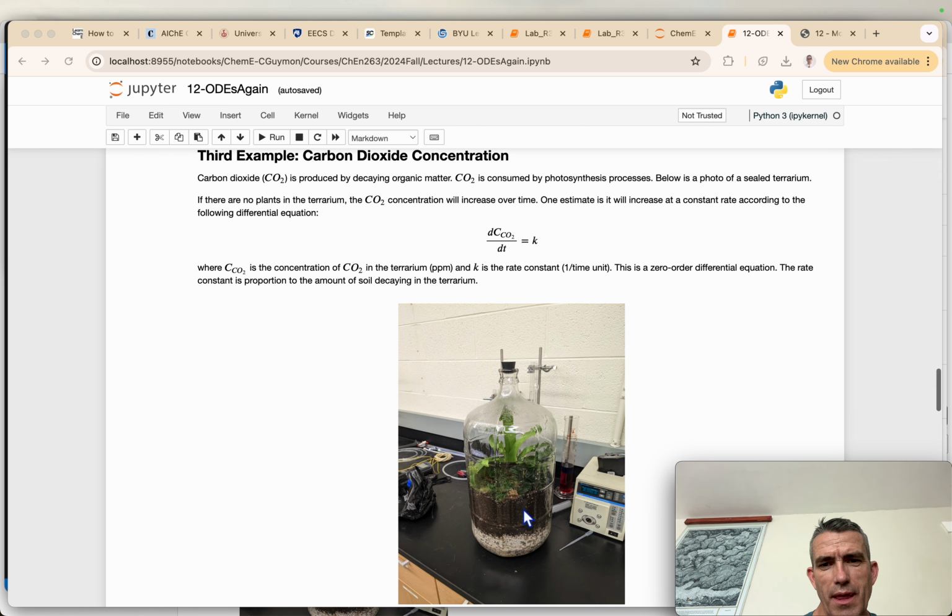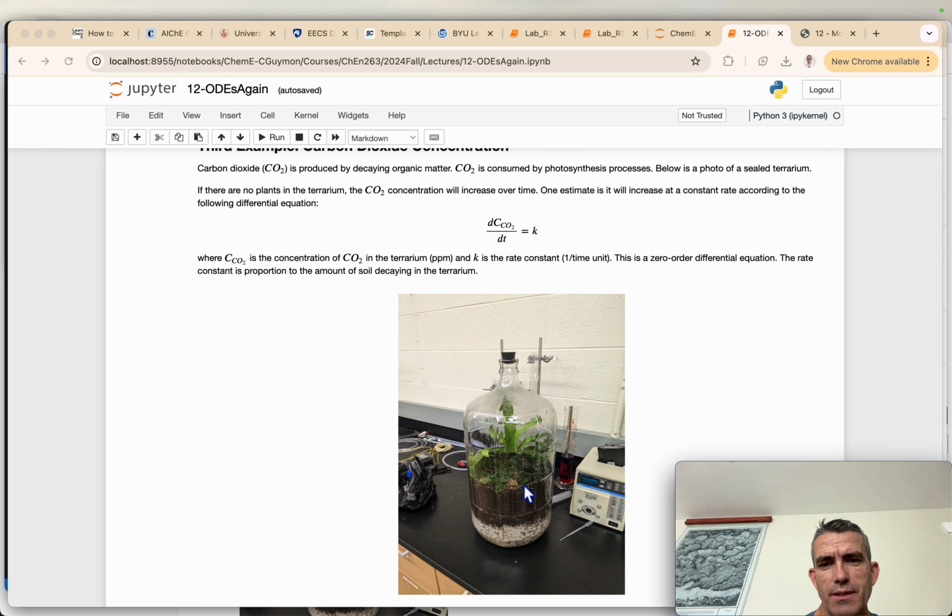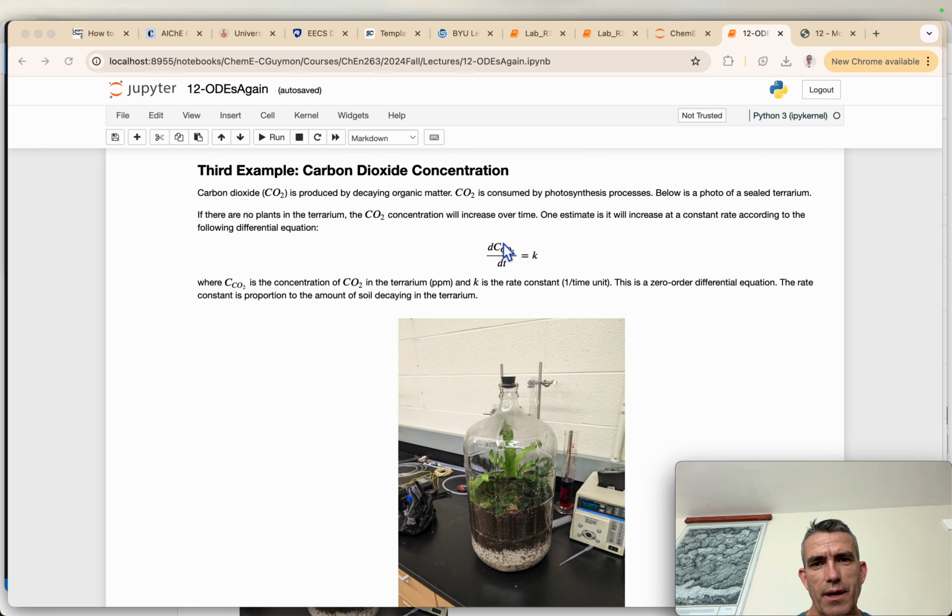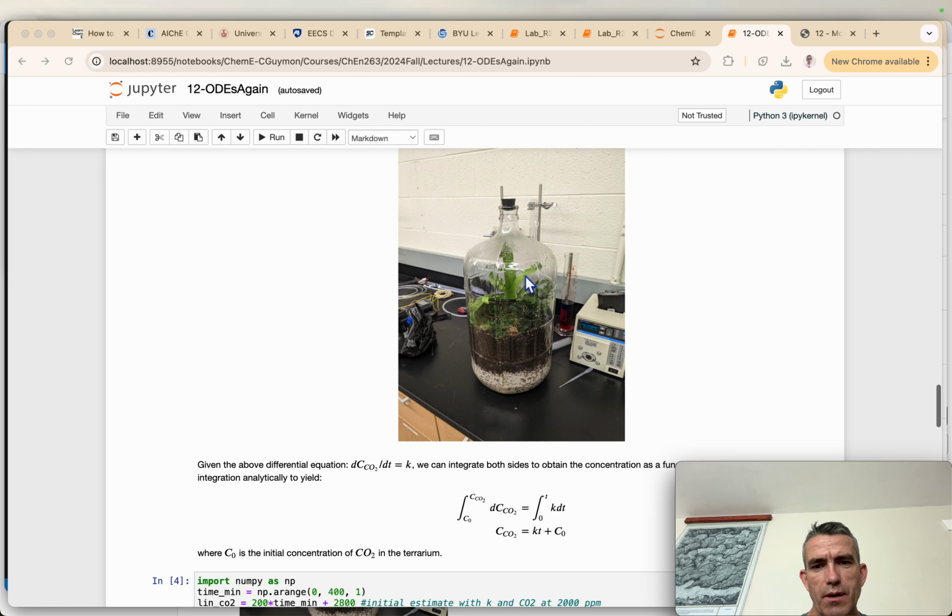So I was investigating why that happened, and so I took all the plants out and was just looking at CO2 concentrations, and there's quite a bit of CO2 that is produced at a rate inside that terrarium from the breakdown of organic matter by the bacteria in the soil. And so if I specified a rate of change of the CO2 inside the terrarium as a constant, so it's constantly changing, or it's a zero order kind of relationship, then you can also solve that.